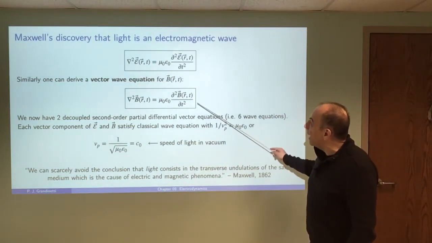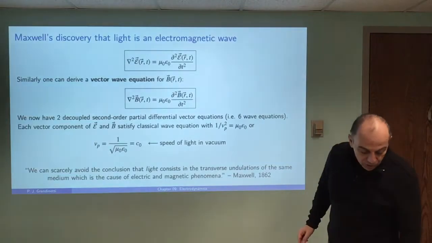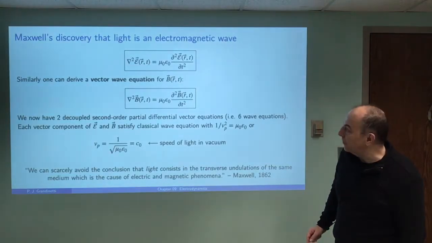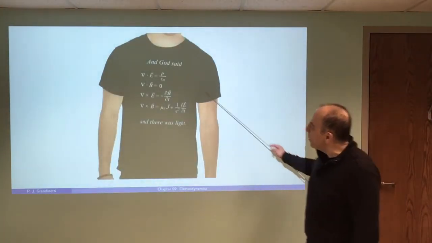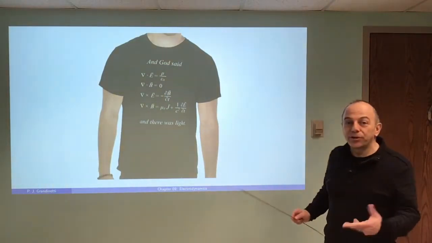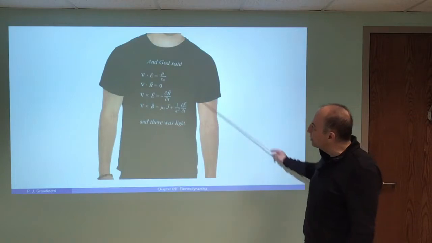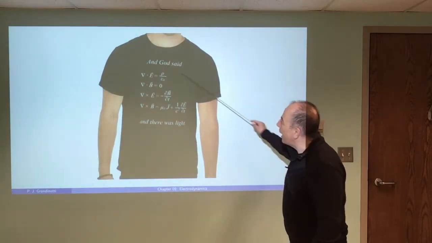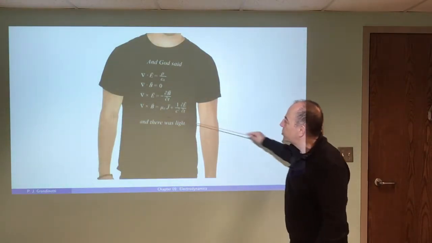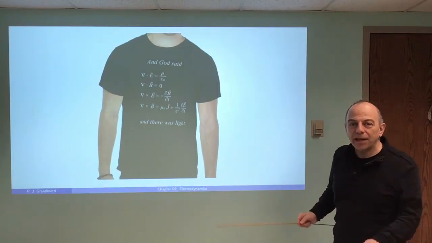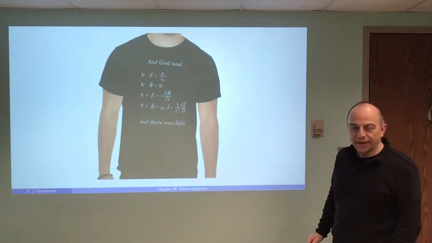Now remember that there are constraints between the E fields and the B fields, right? And so we know that whatever wave we produce, the electric field and the magnetic fields of this light wave have to follow the constraints of Maxwell's equations, right?